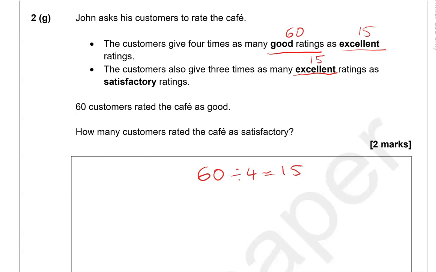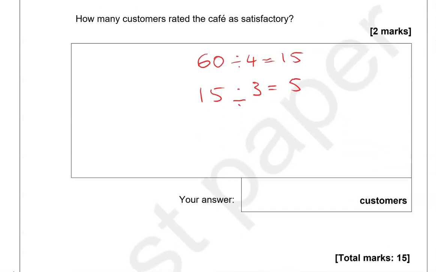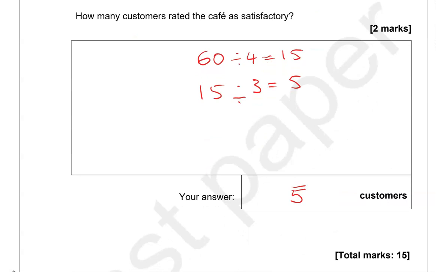So that is 3 times as many as satisfactory ratings. So 15 divided by 3 gives us 5. So 5 times 3 gives us 15. Question is, how many customers rated the cafe as satisfactory? And that is 5.